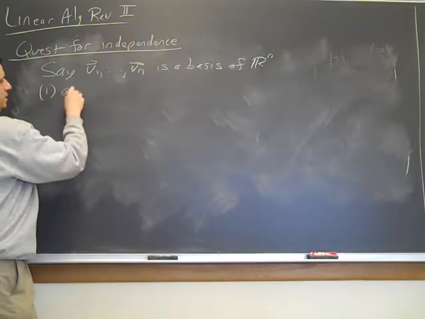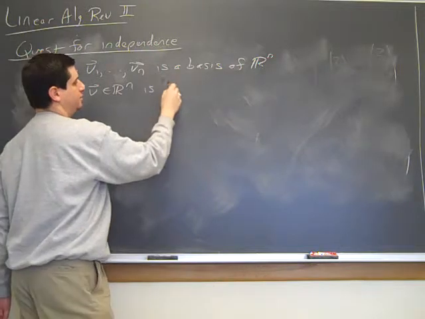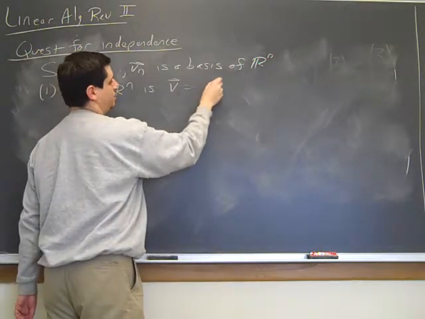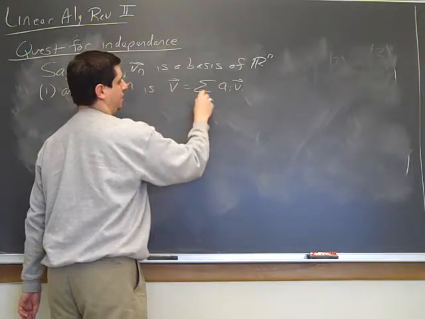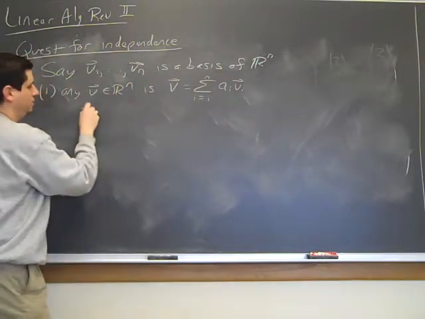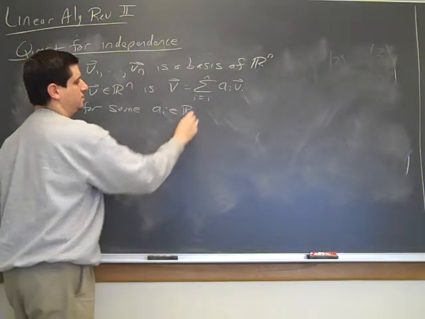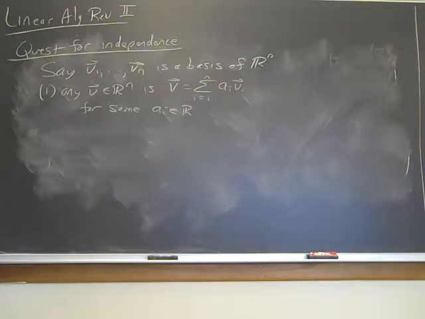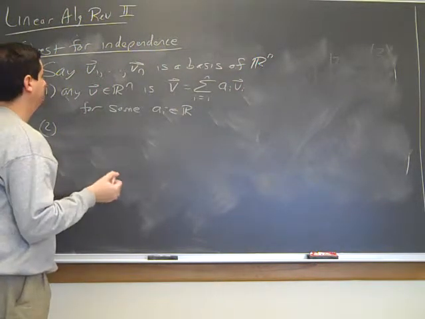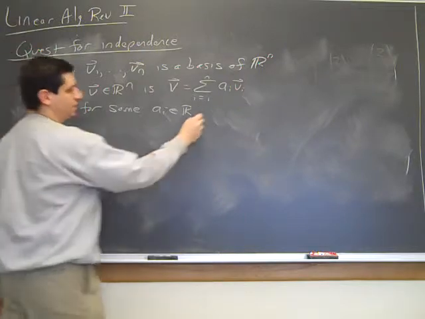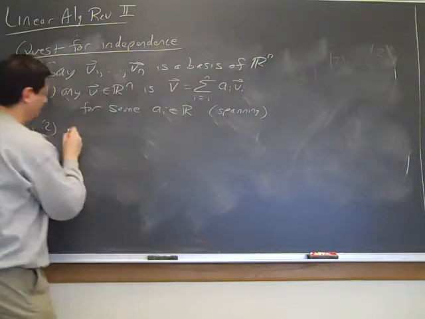One, any V in Rn is the sum of ai vi, i from 1 to n, for some real values ai. And two, basically, this is the spanning line. Our set is of minimal size.